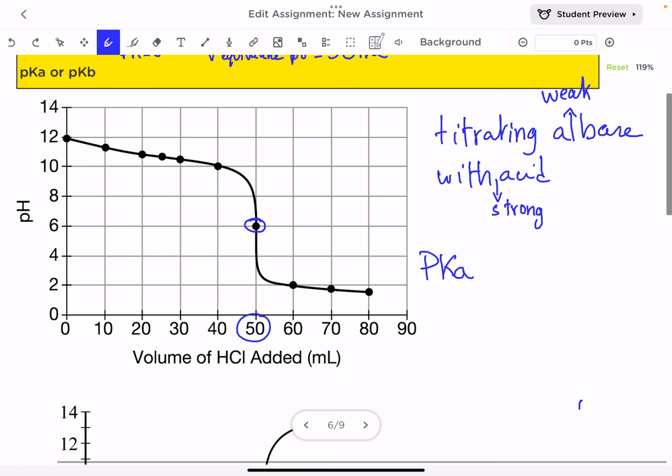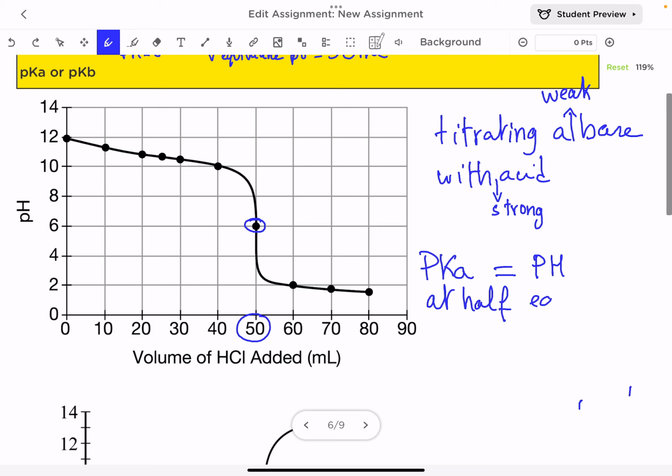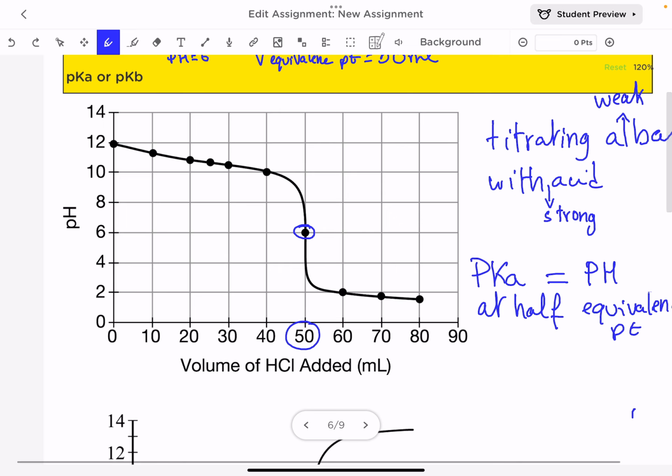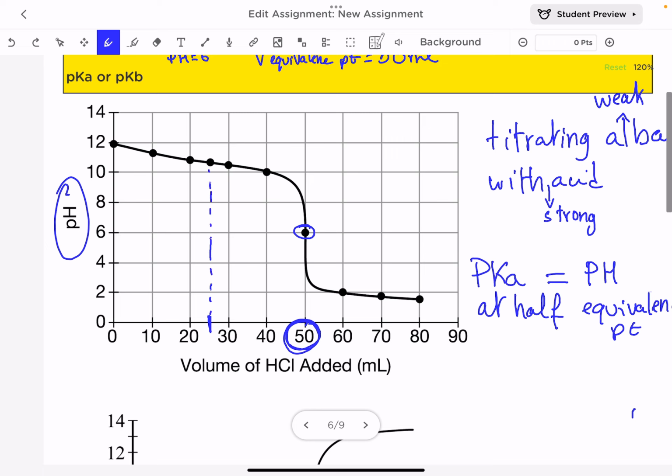At half equivalence point, pKa is equal to the pH at half equivalence point. This curve is showing us the pH, so we can determine half equivalence point. If equivalence point is 50, then half equivalence point is 25. And we get the pH at this point, which is going to be equal to the pKa.